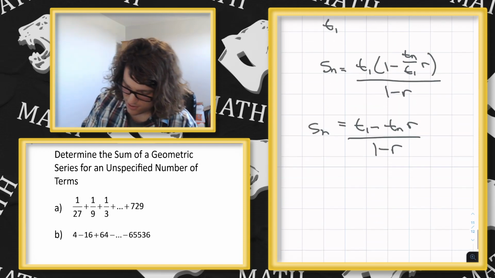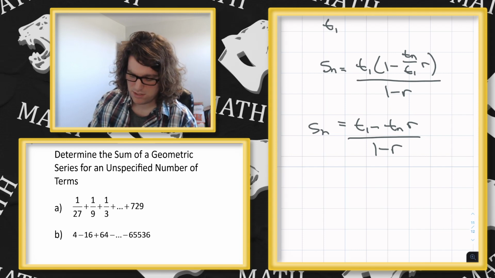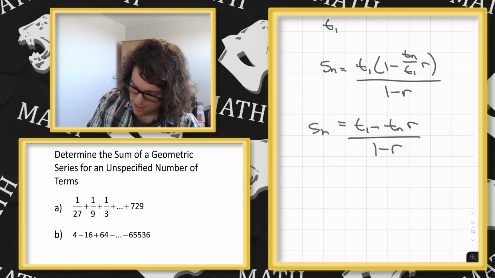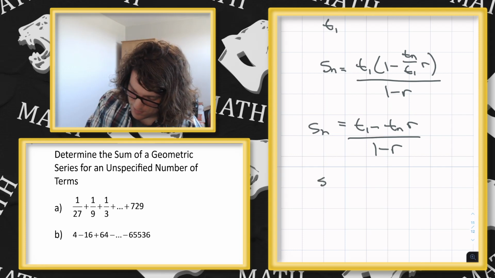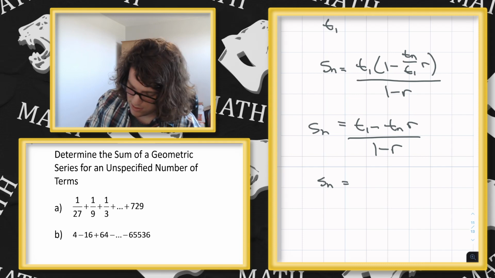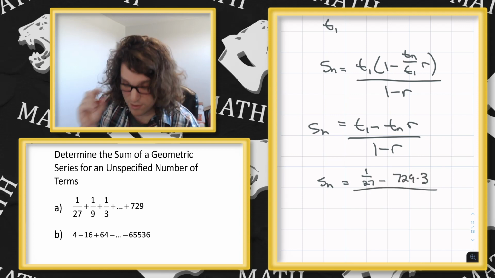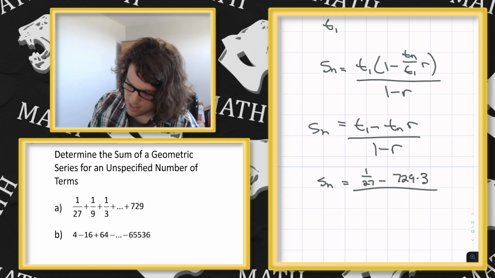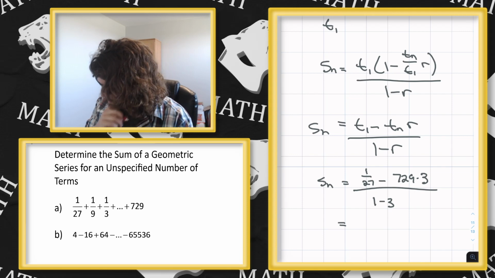So let's fire that through and see if it makes sense, and then I'm going to double check it using means that aren't like this. So the sum up to n, which we don't know what n is going to be, is equal to the first term minus the last term times the common ratio, over 1 minus the common ratio.